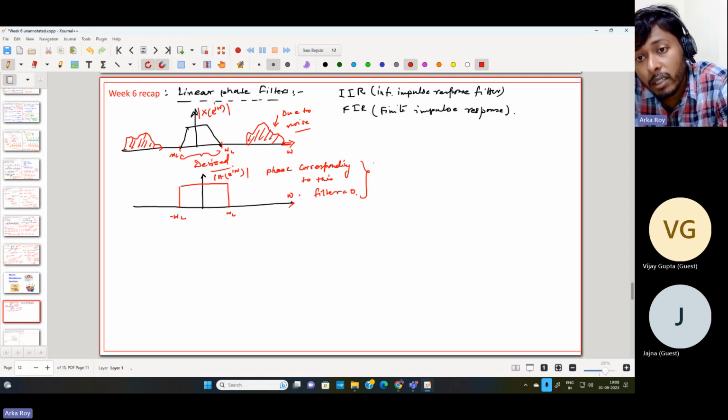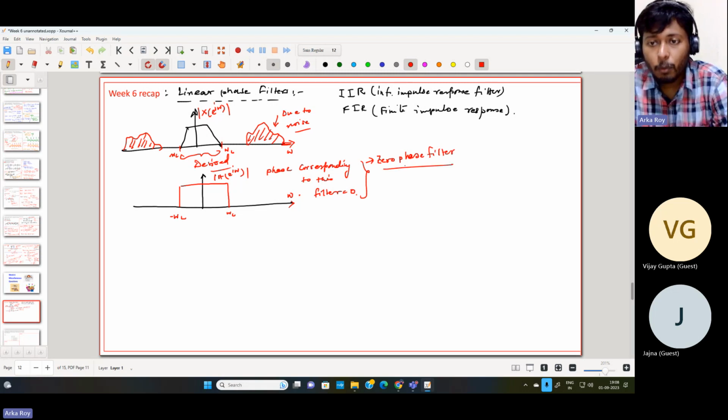So that is a different class of filter that is called zero phase filters. So we'll see why zero phase filter, what is the issue of the zero phase filter as far as signal processing is concerned.